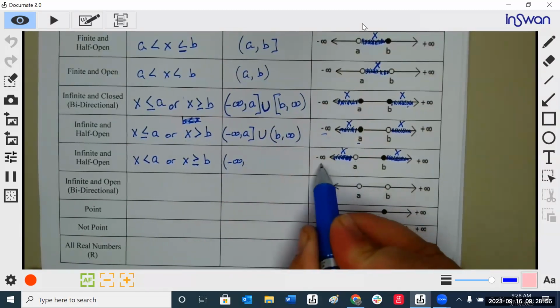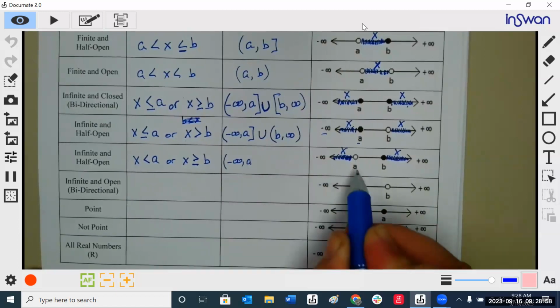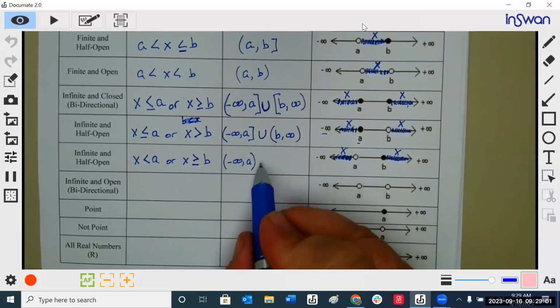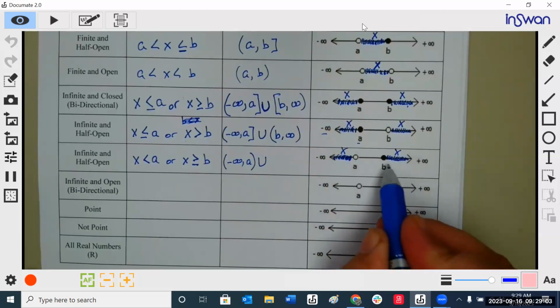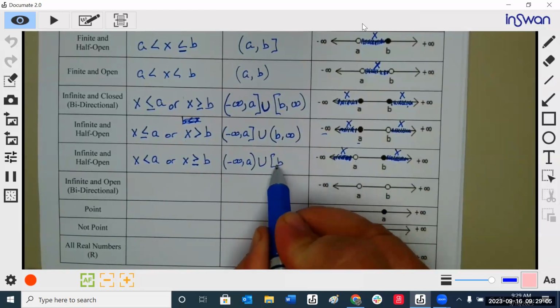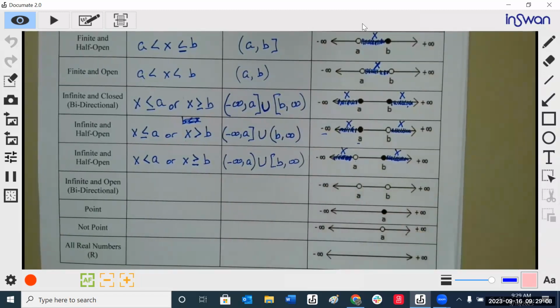Negative infinity to A, and A is open, so it's a parenthesis. Unioned with bracket B, comma, positive infinity.